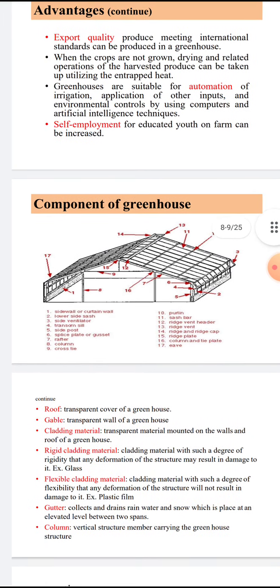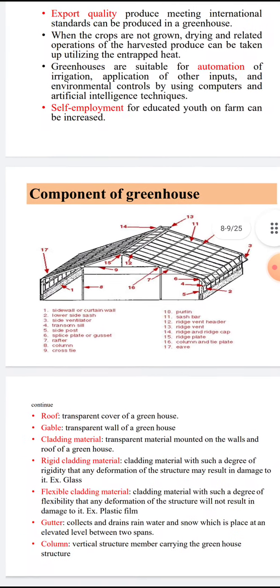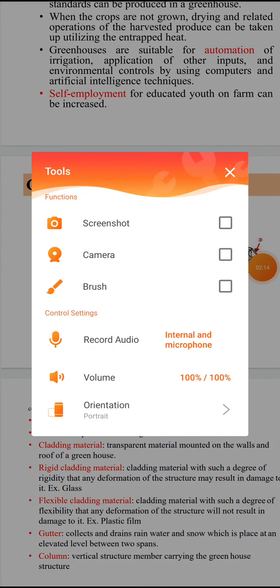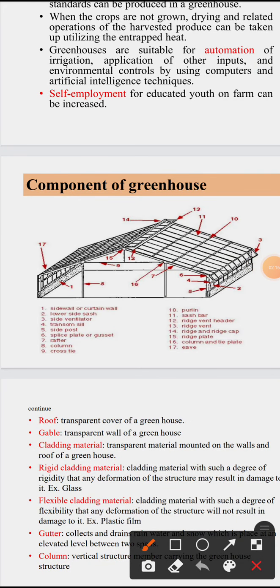In this figure, which was already sent to you in a PowerPoint presentation, you can see the first is a sidewall or curtain wall. This is the sidewall where curtains are present.